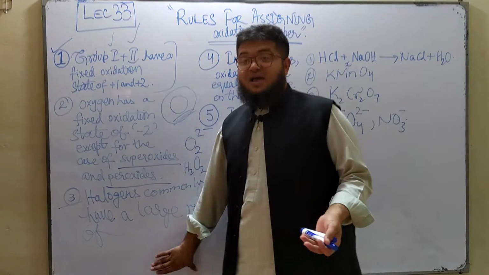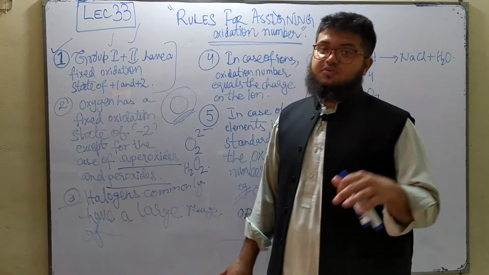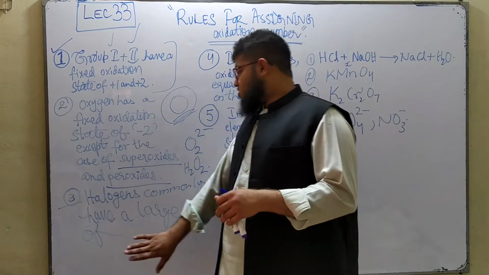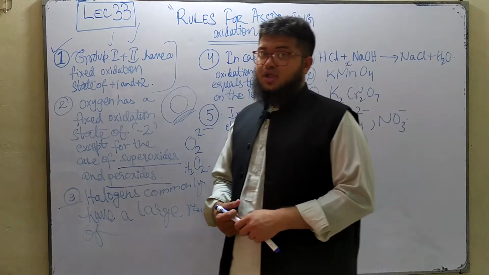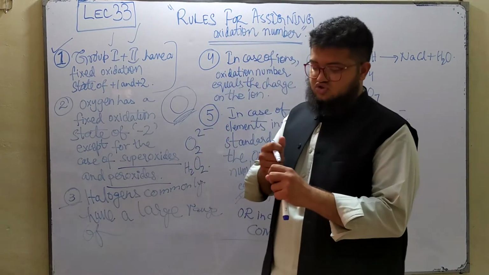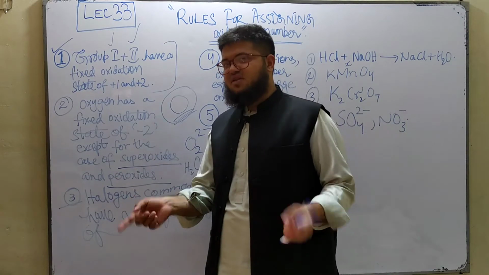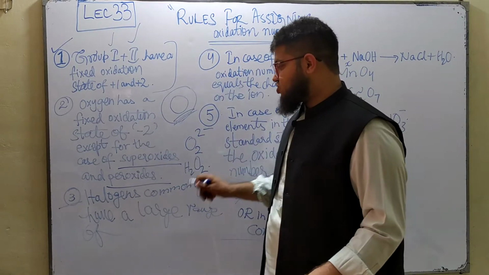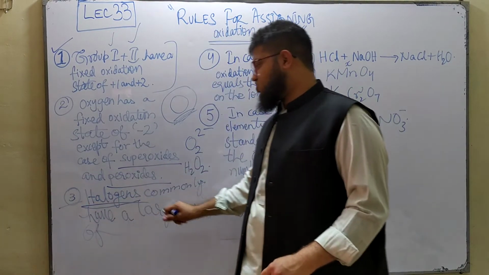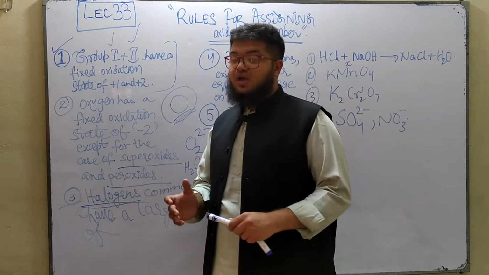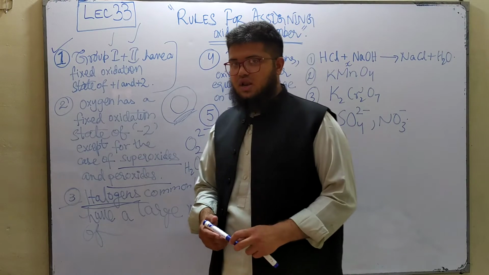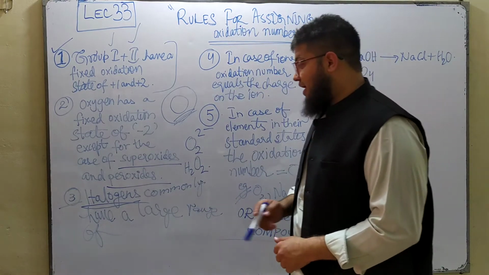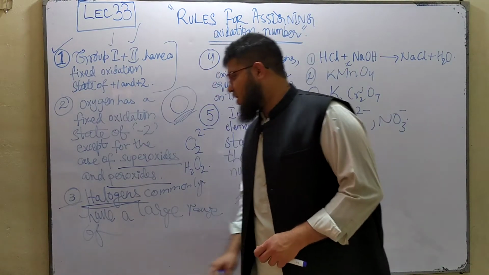I personally saw a question on the past papers in which the examiner asked to give all the possible oxidation numbers of chlorine, and the answer went from -1 to +7. So halogens generally have a wide range of oxidation numbers which you have to calculate, and if no information is given then of course you take them as -1, but generally you do get some idea in the question regarding halogens.